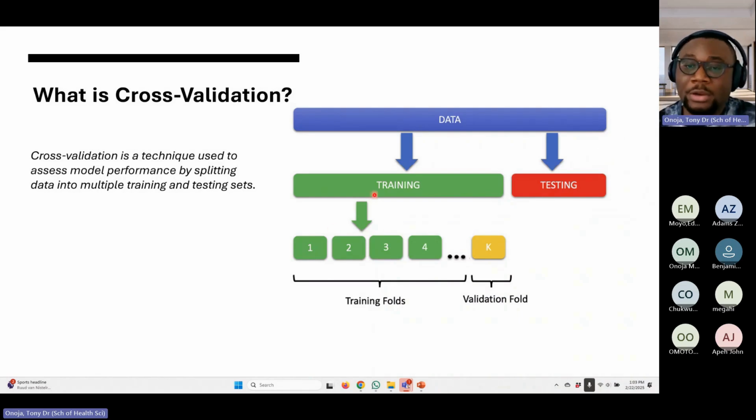So what the cross-validation does is that when it takes the training, it will partition it randomly. So if you are saying I'm partitioning it into 5-fold, it means in each of these folds, you will have a training and a testing, a training and a testing, like that. But usually K is not bigger than 10.